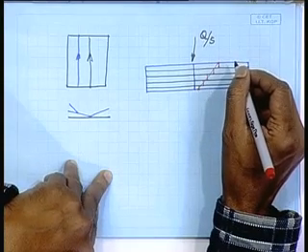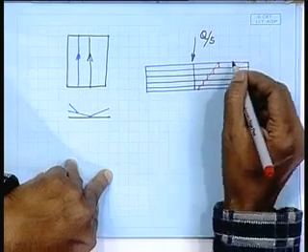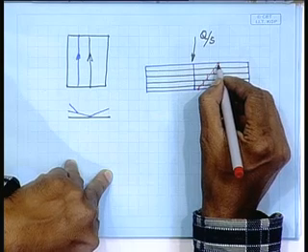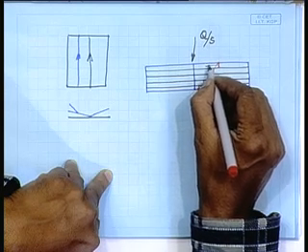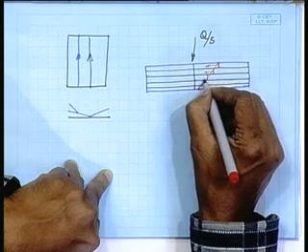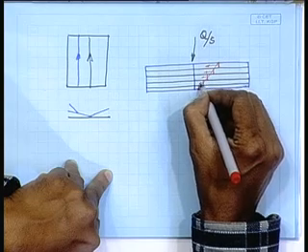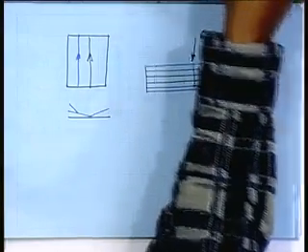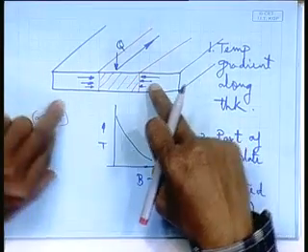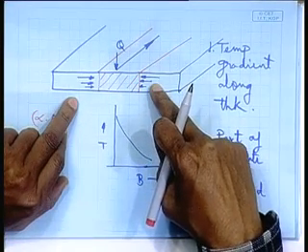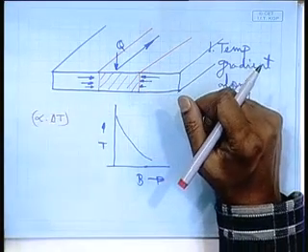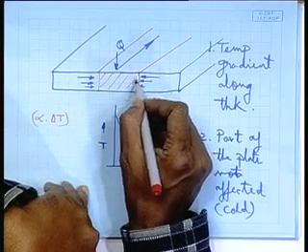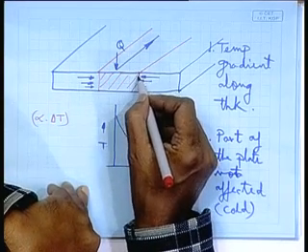And because of that, what will happen? The compressive stresses that will develop will also be of varying magnitude as we go down from the top surface to the bottom, because at the top surface the heat flow was maximum, at the bottom it was gradually decreasing.